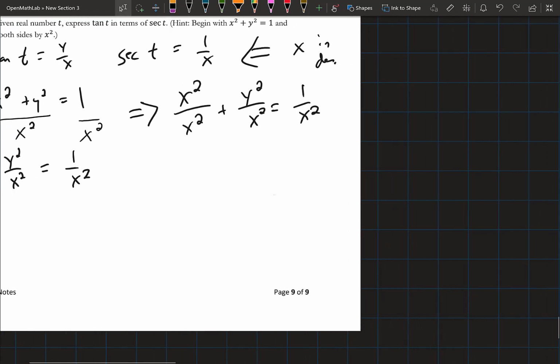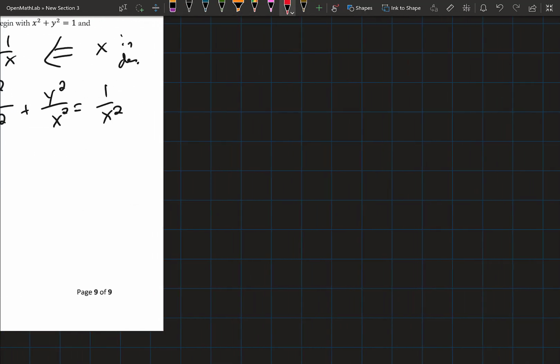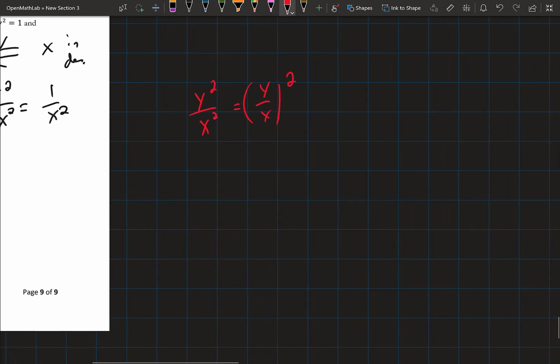Now let's think about these with some exponent rules. y squared over x squared is the same thing as y over x quantity squared. It's using the exponent rule: if I have a over b to the nth power, this is equal to a to the n over b to the n. So it's kind of in reverse; we're essentially going in this direction with this rule.